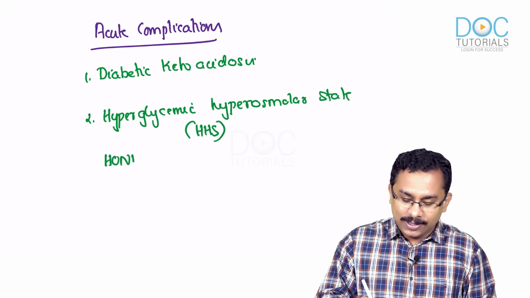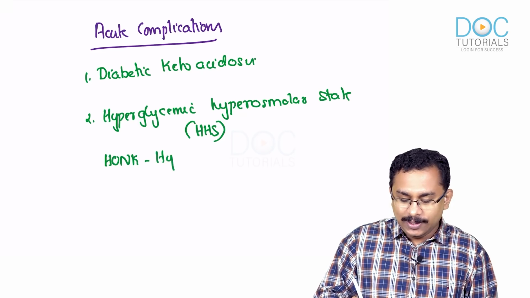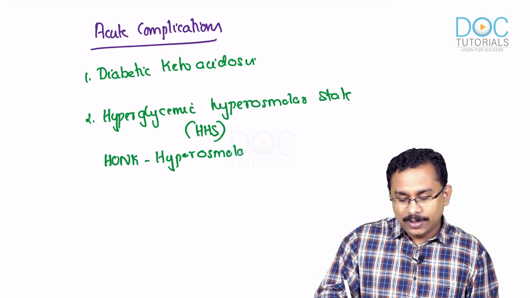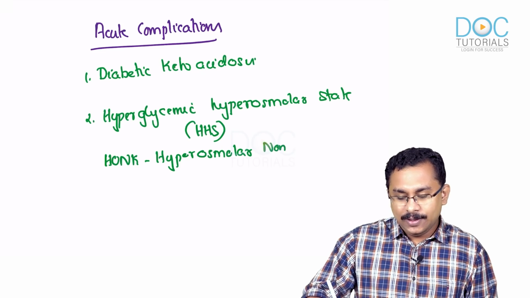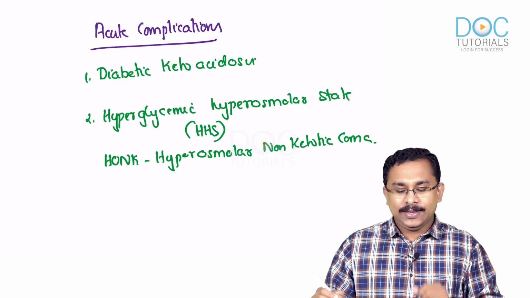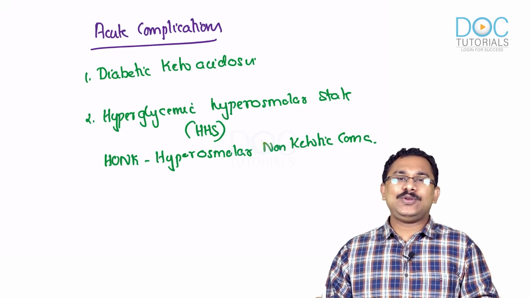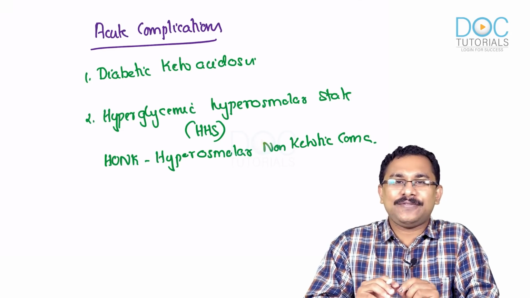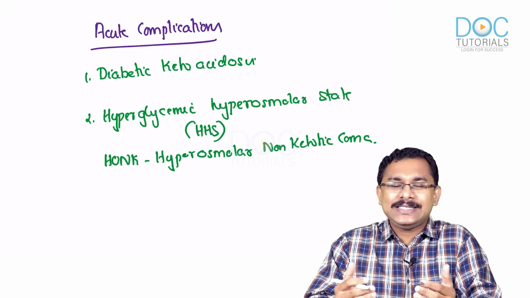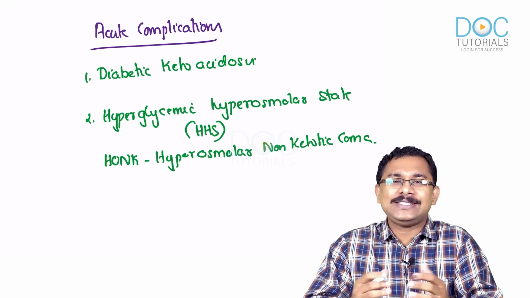What is this HONK? Hyperosmolar non-ketotic coma. So these are two acute complications of diabetes that we are going to learn. In fact, they are two emergencies that have to be managed.